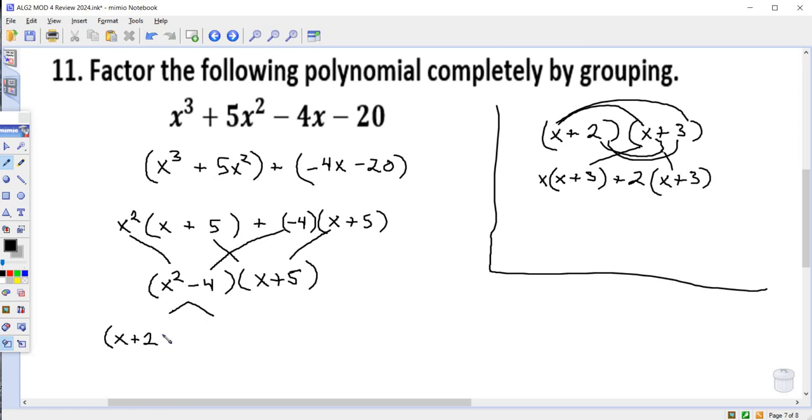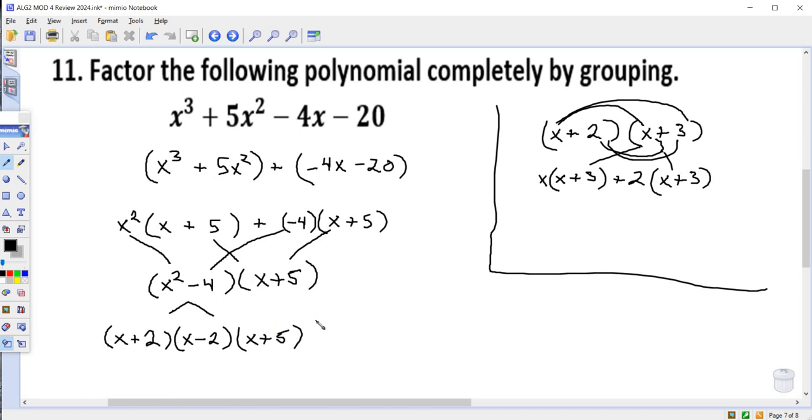X plus 2, x minus 2. I just cannot get this straight. X plus 2, x minus 2. And that is your difference of squares.